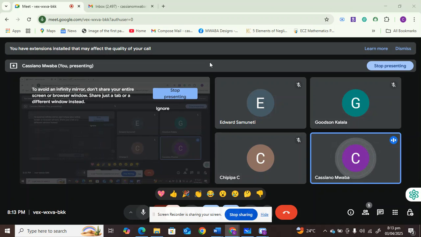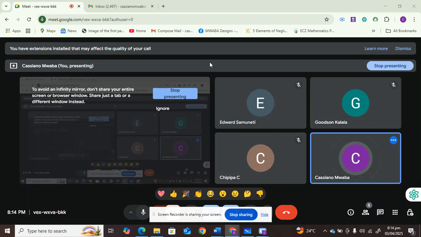Now that money, you're going to convert into today's value. That is what is called discounting. Whenever you hear the word discounting, it just means converting money in the future into today's value.